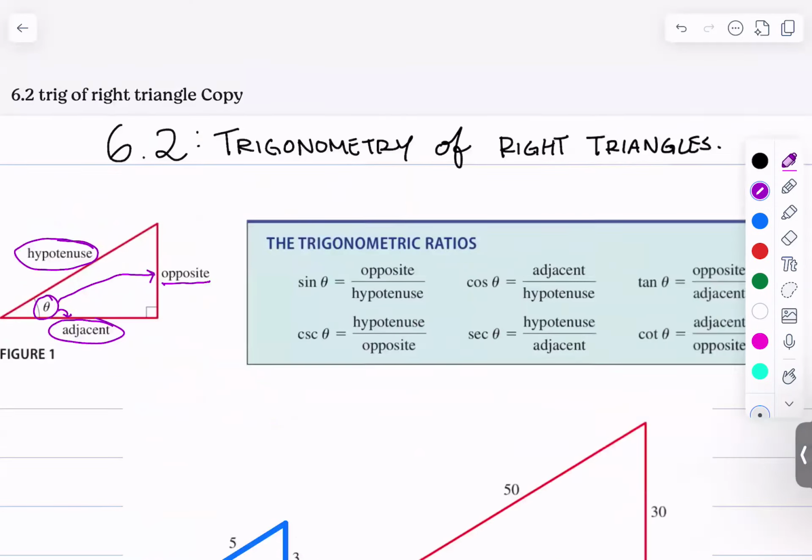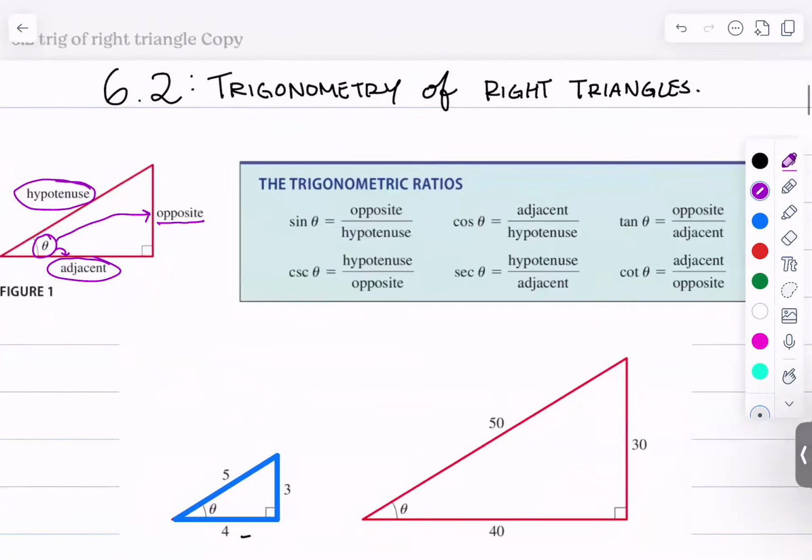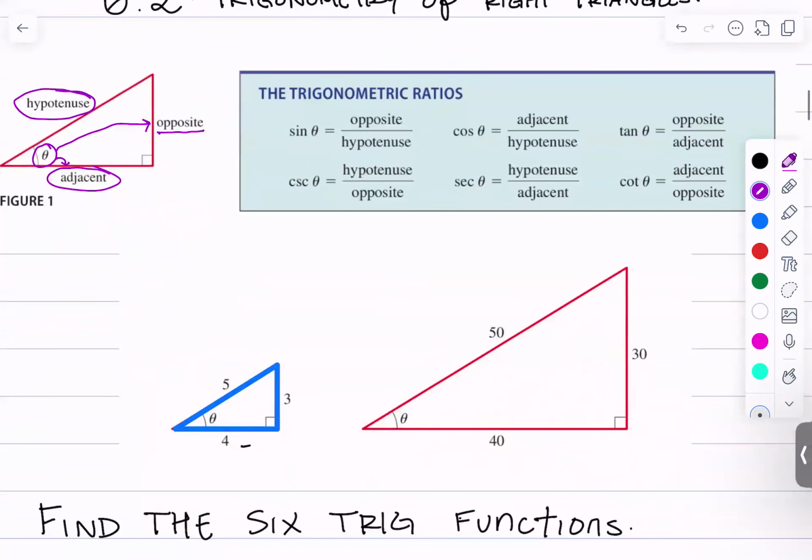And here are the 6 trig functions aligned to that. Remember this acronym, SOH CAH TOA. Sine equals opposite over hypotenuse, cosine equals adjacent over hypotenuse, and tangent equals opposite over adjacent.